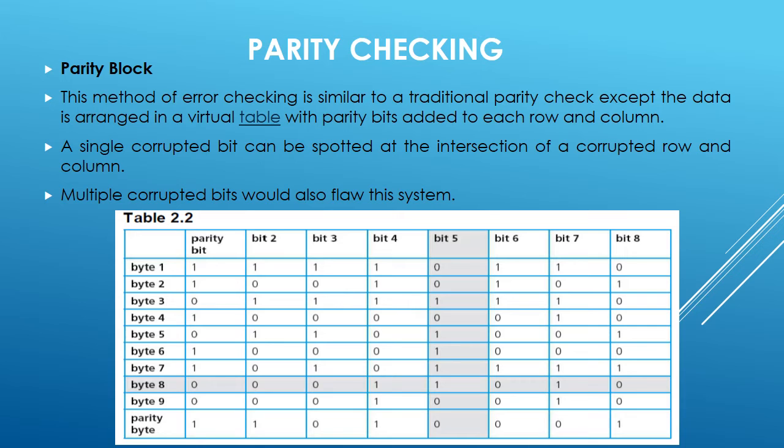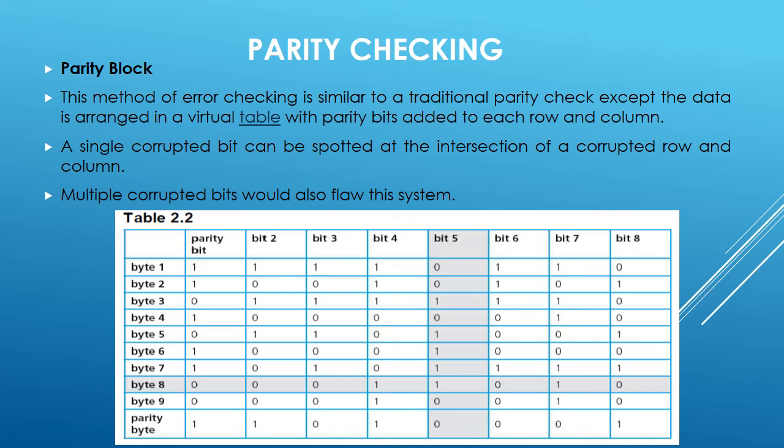In the first row, if we just count the number of ones, there are 5 ones. So 5 ones means the number of ones is not even. If the number of ones is even, we will be setting the parity bit as 0. Here the number of ones is not even, so to make it even, the parity bit is set as 1.